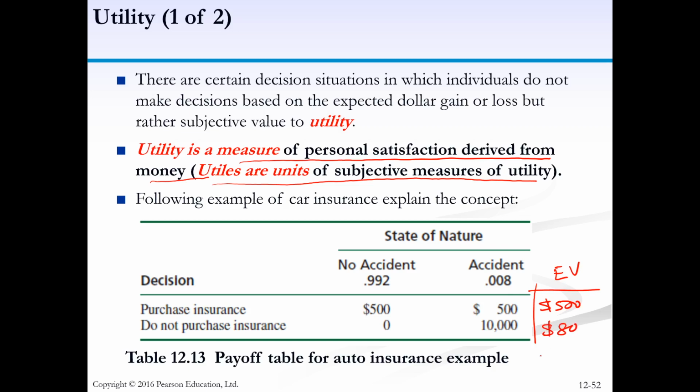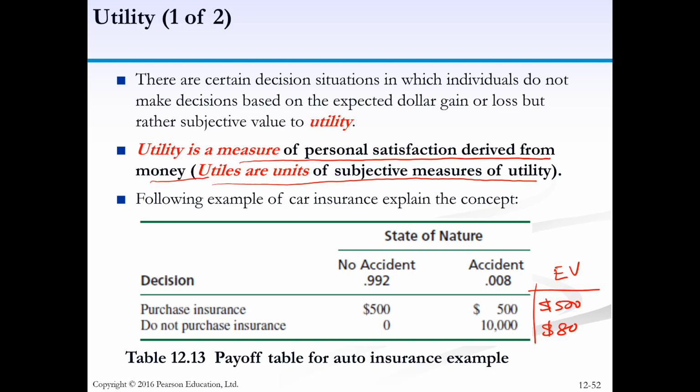Expected value of the cost of insurance, on getting the insurance or not getting the insurance. So if we go for the expected value decision, we can see that this is the cheapest decision here: do not purchase insurance. But more or less people always buy insurance, car insurance, especially if you are traveling outside.